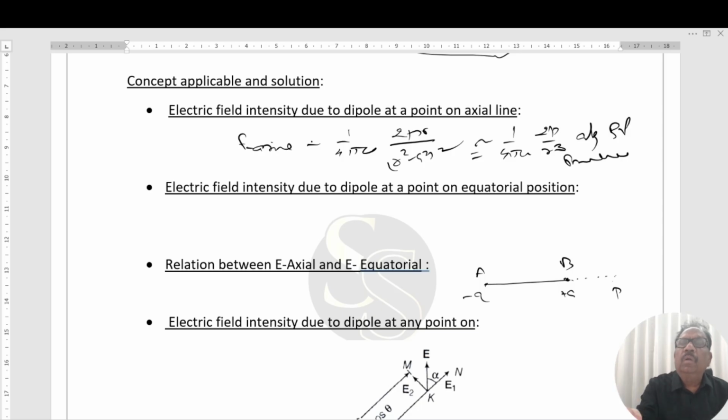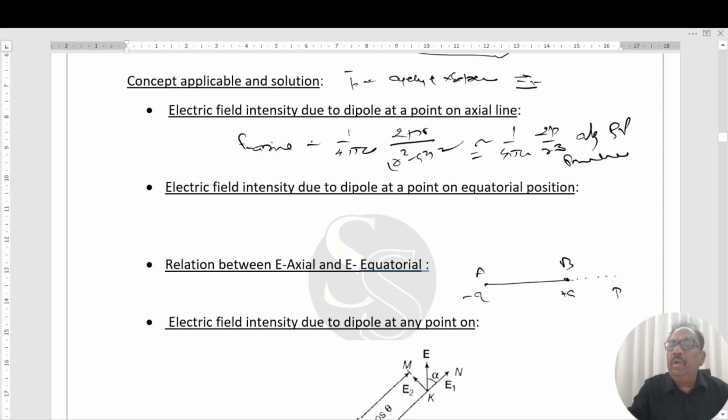What is the dipole? Dipole P is equal to charge into separation, and the direction is from negative to positive. It is the same as the direction of the dipole.